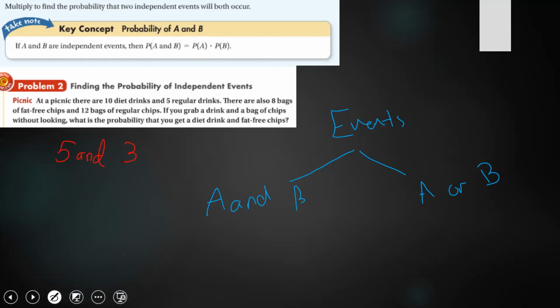No. Yes, 5 and 3, you add them together to get 8. That means 5 plus 3.